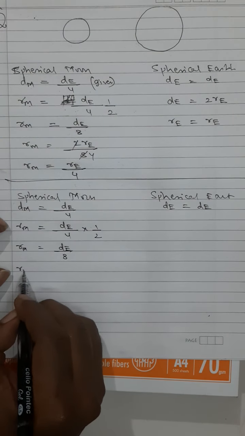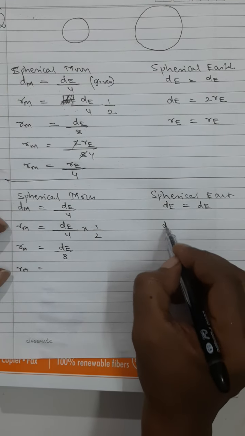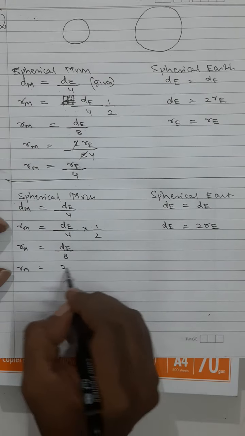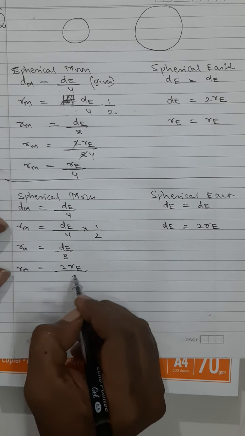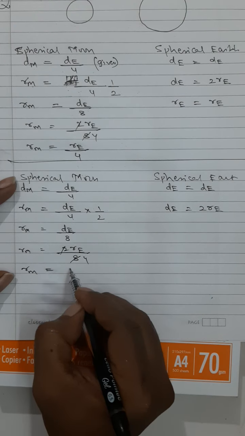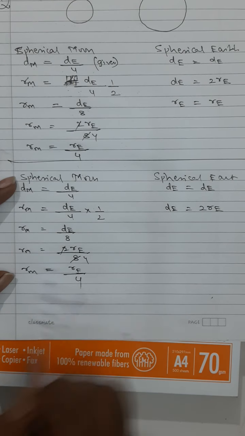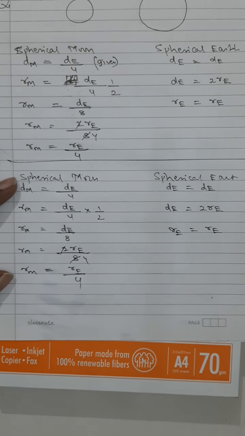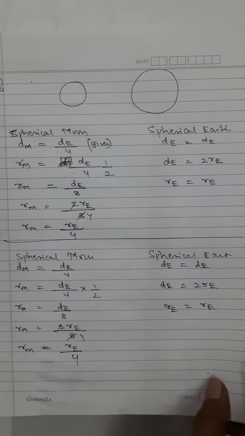But now I will require the diameter of earth. The diameter of earth is equal to 2 into radius of earth, upon 8. So this will give me radius of moon is equal to radius of earth upon 4, whereas radius of earth is still equal to radius of earth. This is how I have got the two.